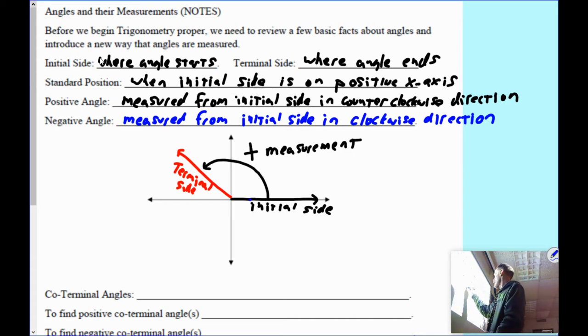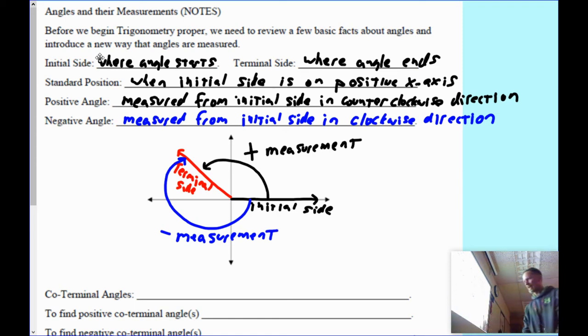But now we can start here and measure it coming back around this way. And that would be a negative measurement. Okay, angle looks the same. It's just two different ways to write the exact same angle. Okay, and we'll talk about how to do that in just one second and kind of how to find those things.